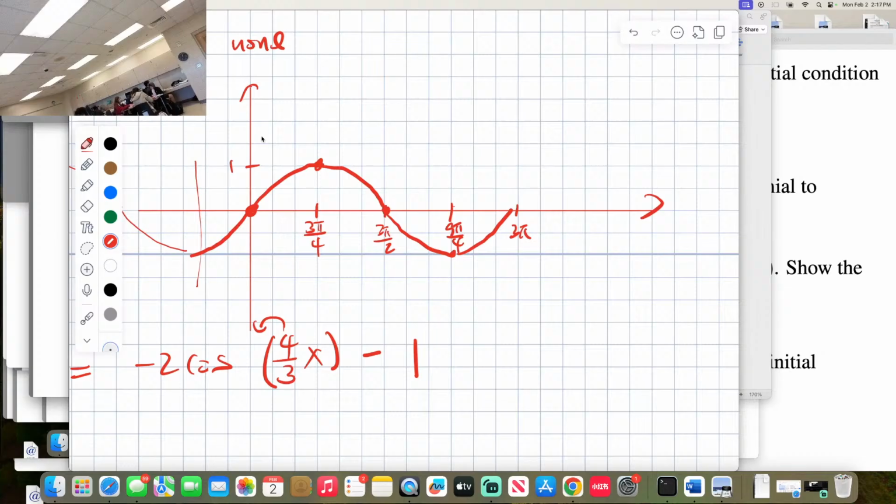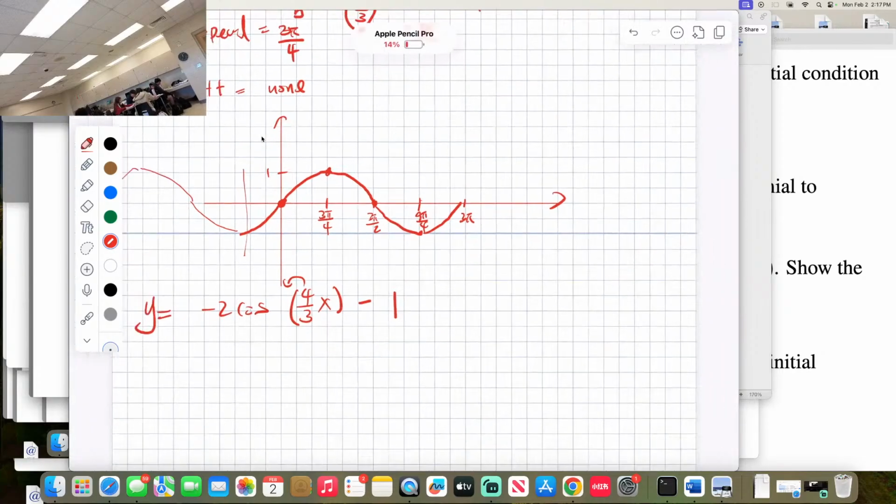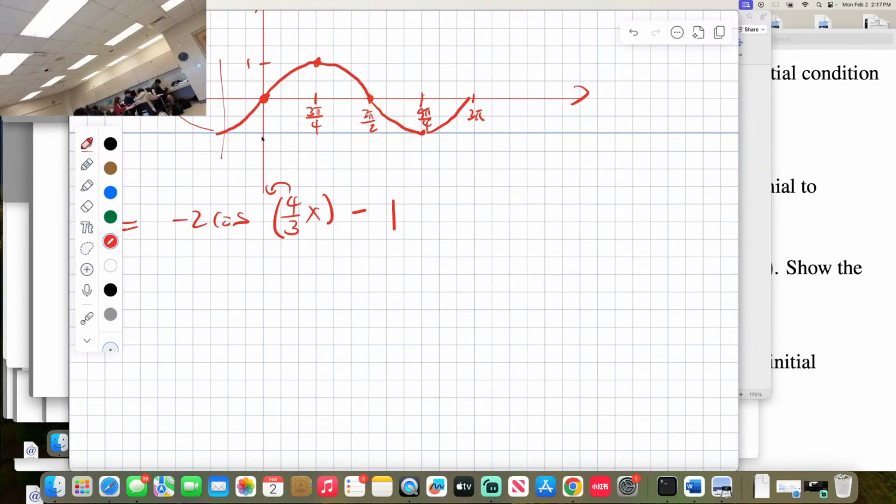My scale is so high. It's not the scale. So maybe pi over 8. Then 9 pi over 8, and 3 pi over 2, and then that would be 12 pi.